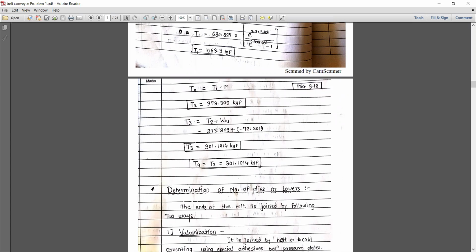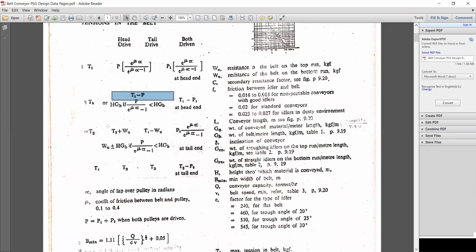Now next, T3 is T2 plus W. Similarly we put the T2 and W value, and T3 is equal to 301.1014 kgf. T4 is equal to T3 as shown in the data book. Here T3 is equal to T2 plus W and T4 is equal to T3, as the head driving mechanism is considered. If you consider tail drive, the values get varied.